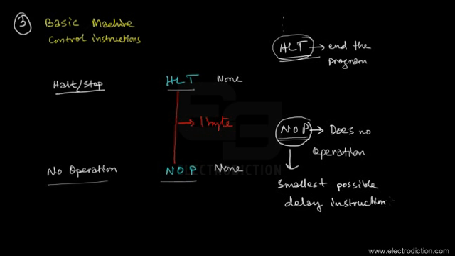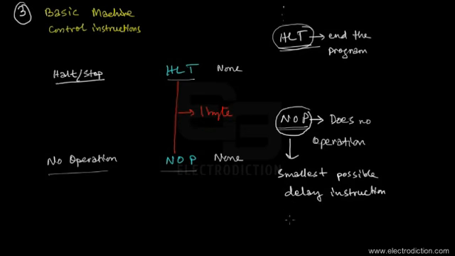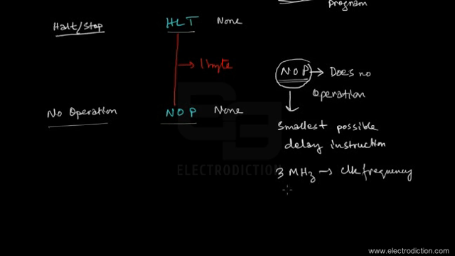Let's say the clock frequency of your 8085 system is 3 megahertz. Then each T state, which corresponds to one clock period, is going to be 1 by 3 megahertz, that is equal to 0.33 microseconds.